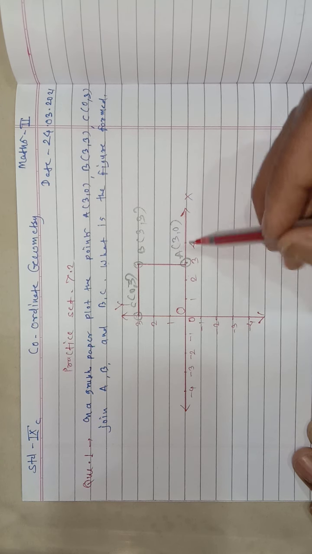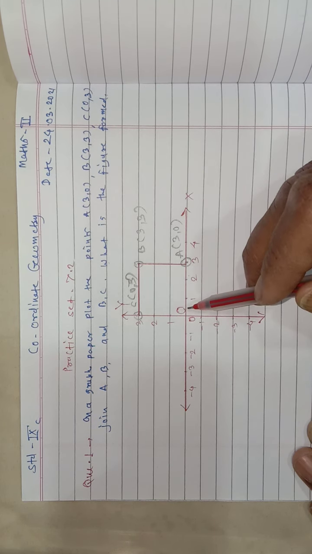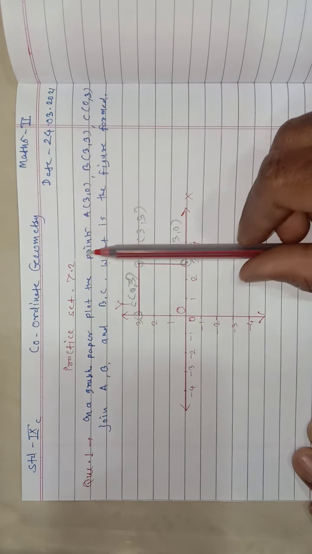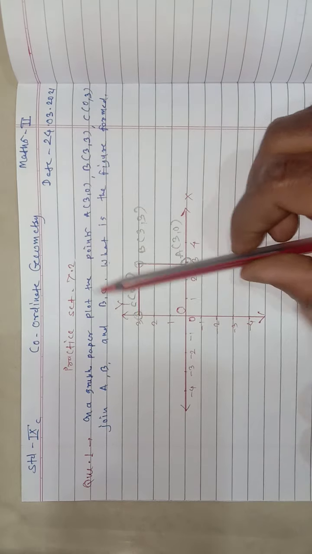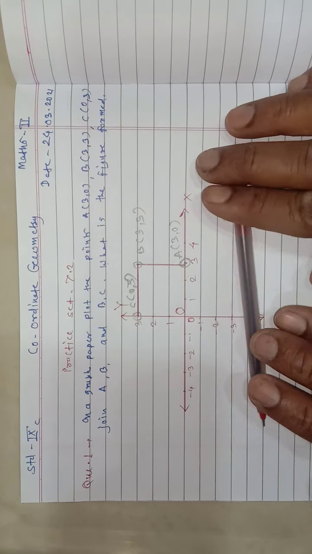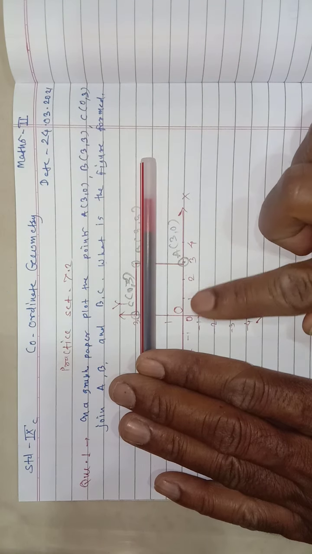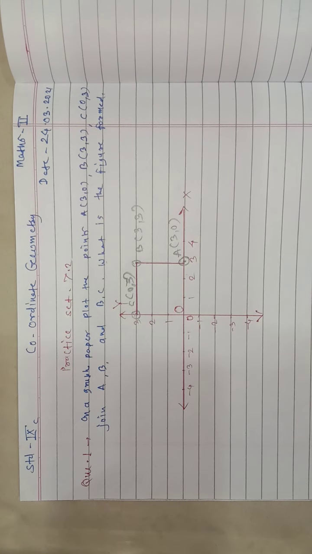The figure ABCO is a square, because line AB is parallel to the y-axis and BC is parallel to the x-axis.